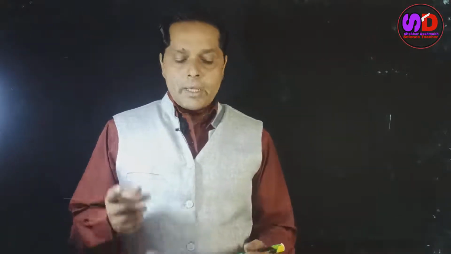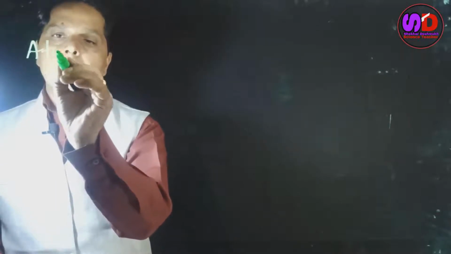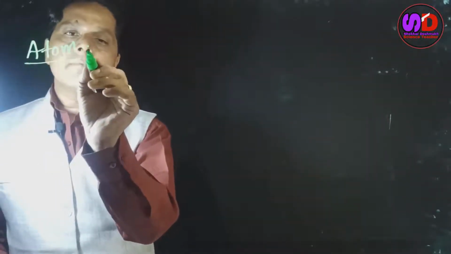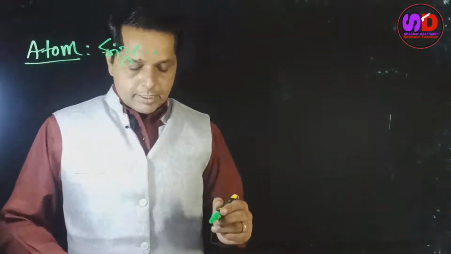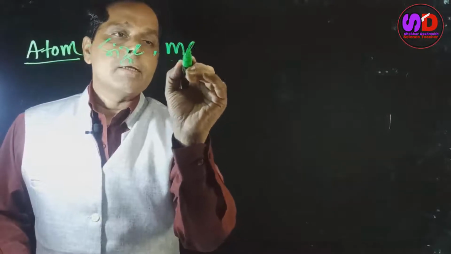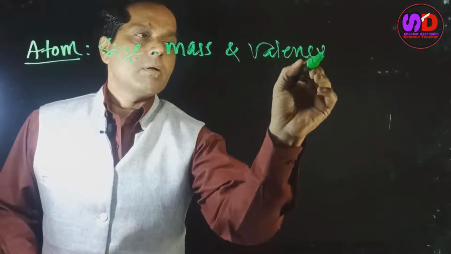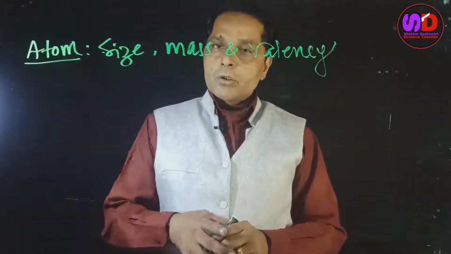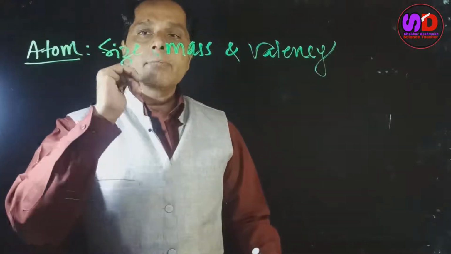In this session, we are going to discuss the atom. We have been learning about the atom for the last few years: its size, its mass and valency. So let us start with the atom, its size.